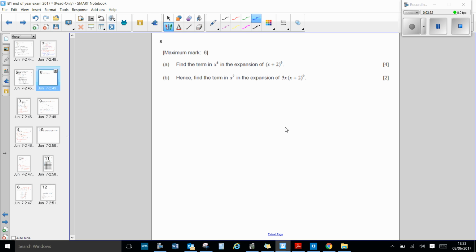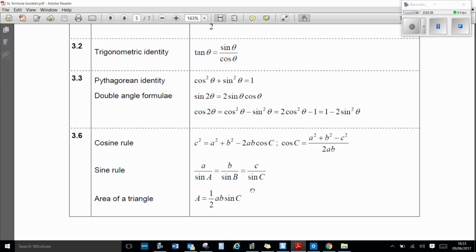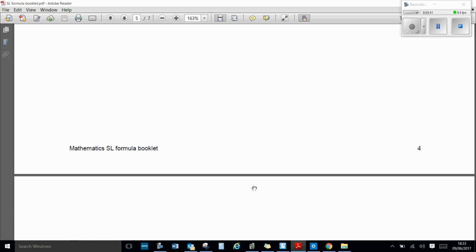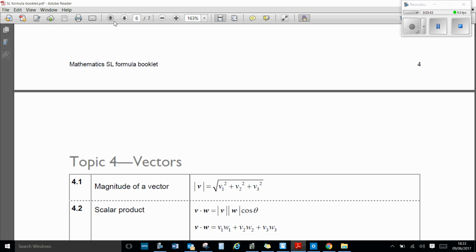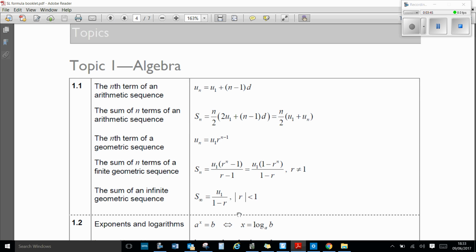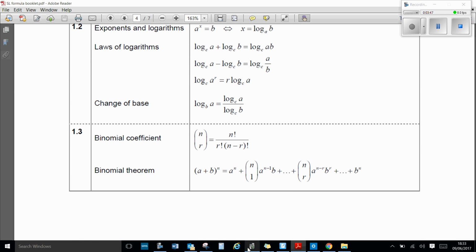Find the term in x to the 6 in this expansion. So I don't even remember from paper 1. Sorry, I want this.